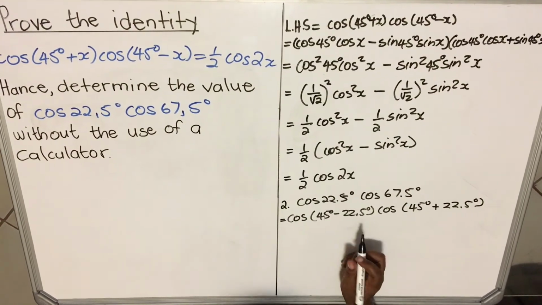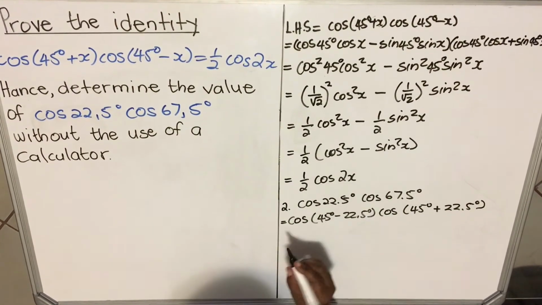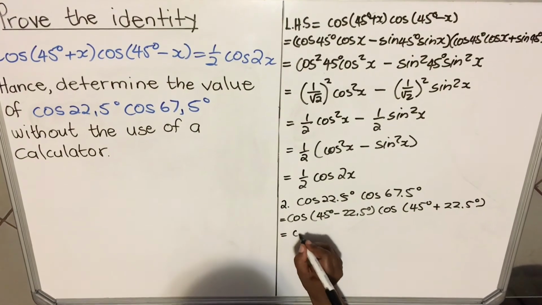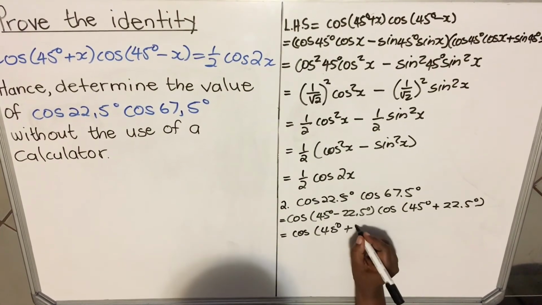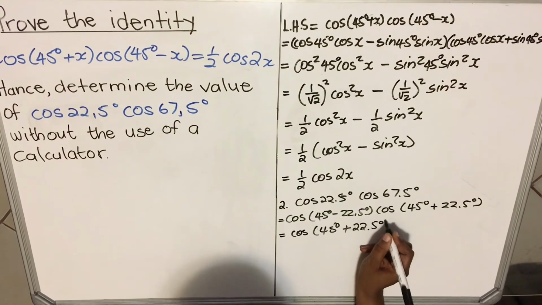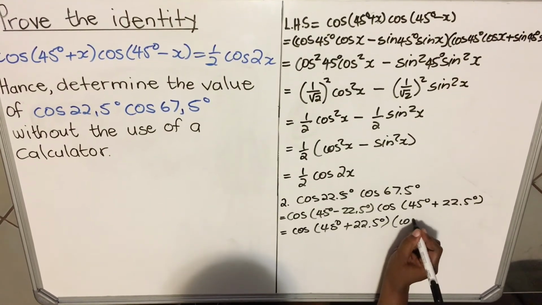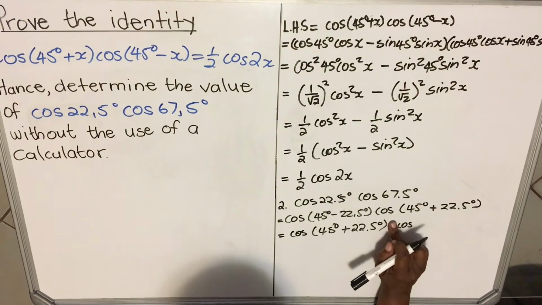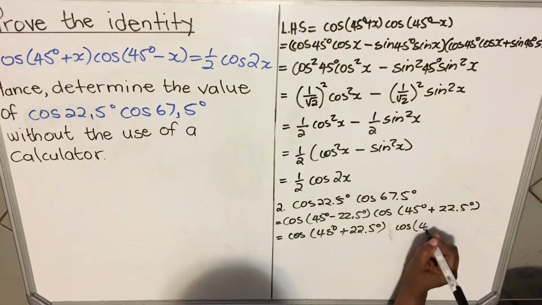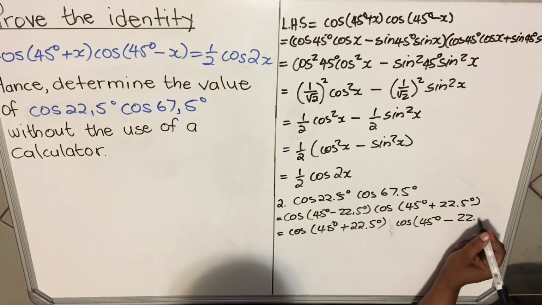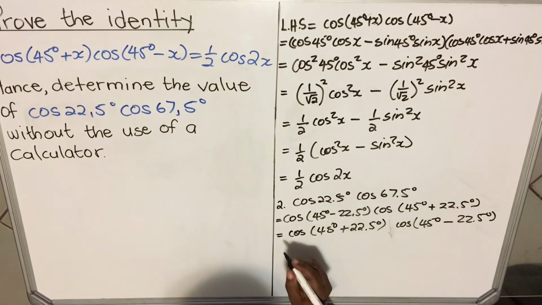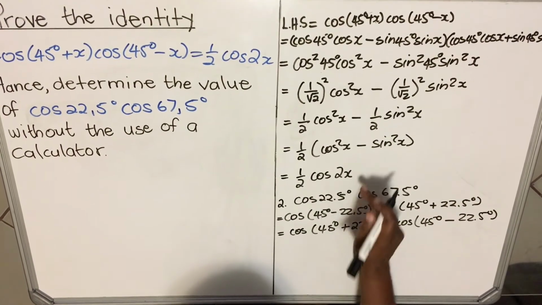So let's put them in the same order as they are written there. We'll have cos(45 + 22.5) cos(45 − 22.5).